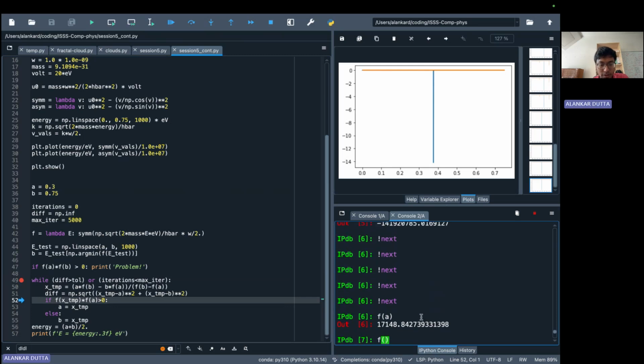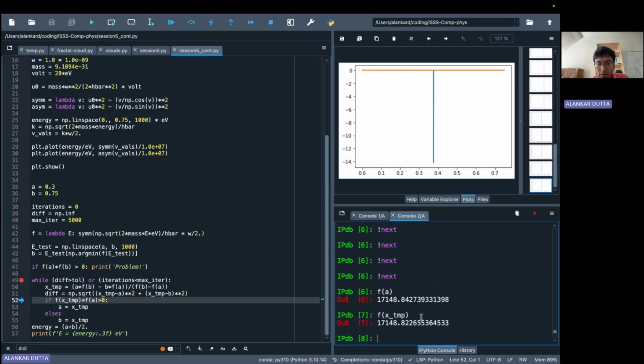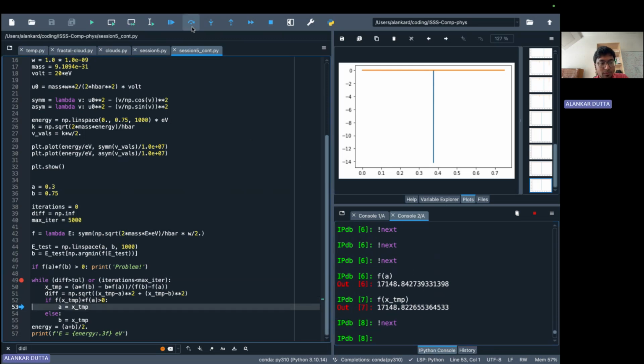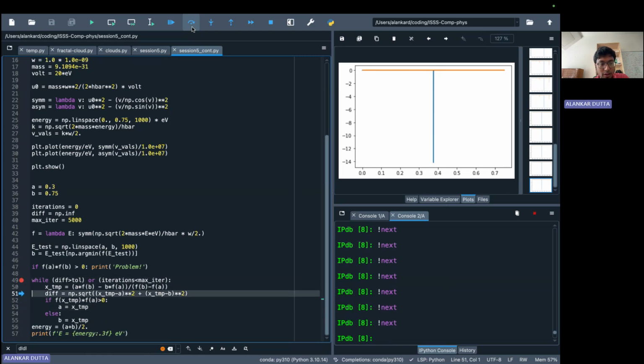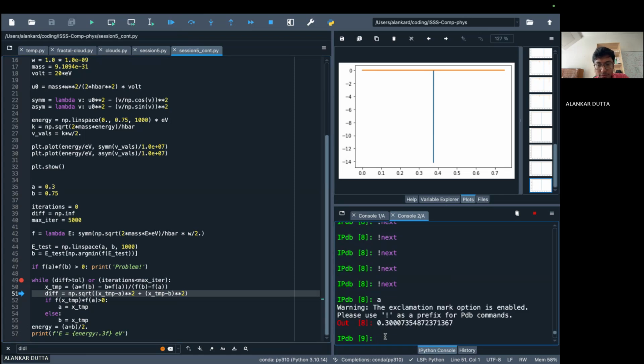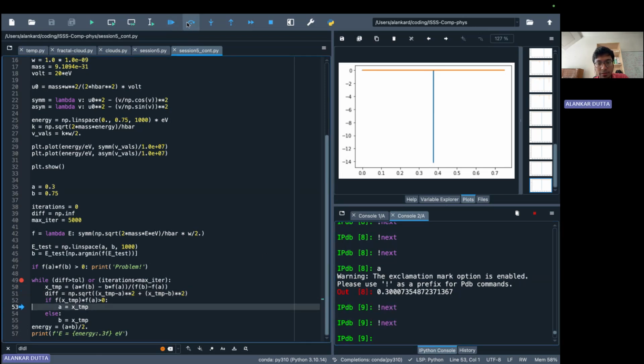Exactly. And now with XGMP, I get a new one. Yes, so I get a new value. So I come in here and keep on doing this. I guess, let's see, after I went through a few iterations, what is the value of A that I have? Yeah, A is slowly marching, increasing. I see.